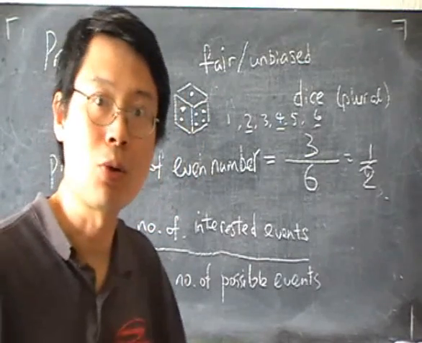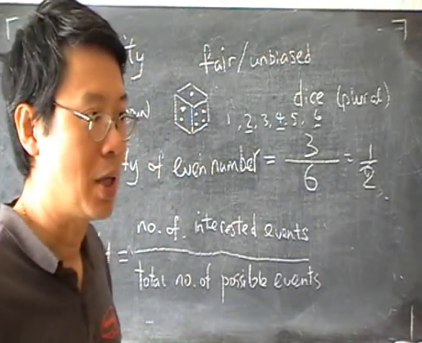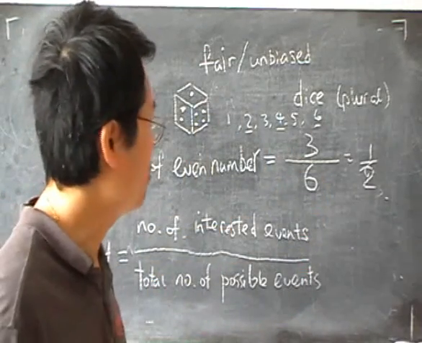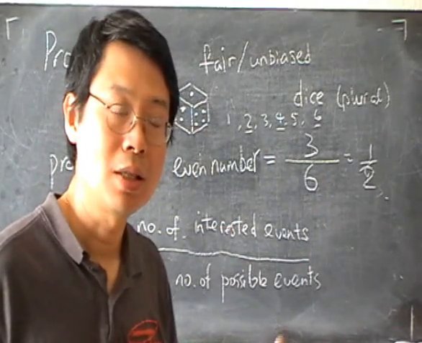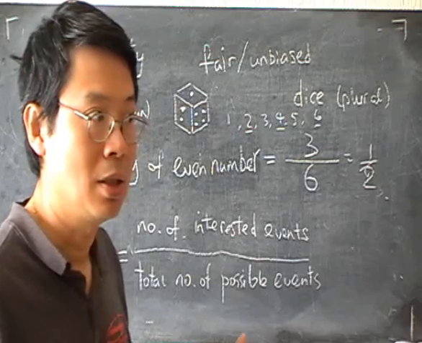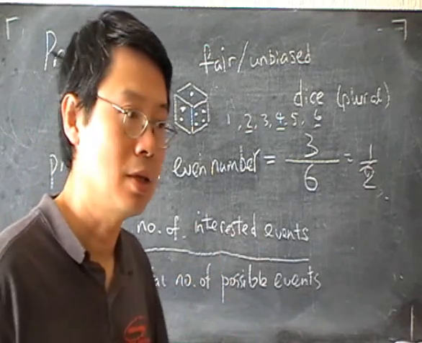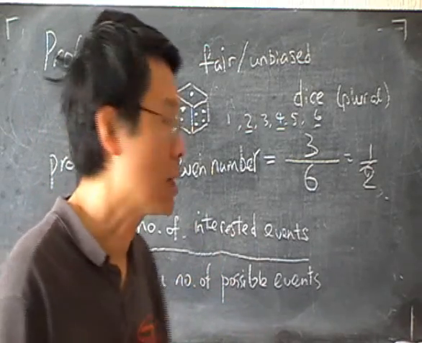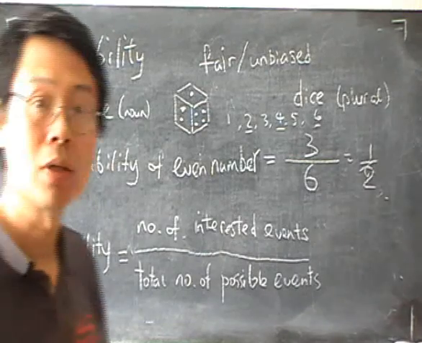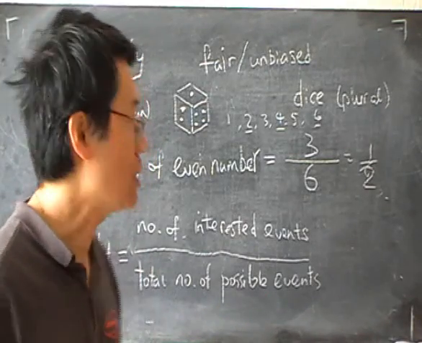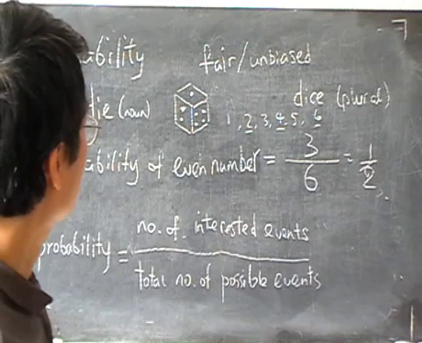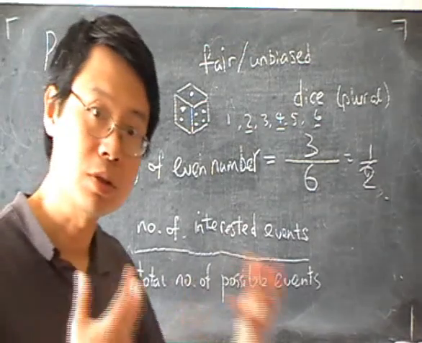You might just know it because there are just the 6 numbers and half of them are even. So you might say, when I toss a die, I would get an even number half the time, and I would get an odd number half the time. So that's an expression of probability.